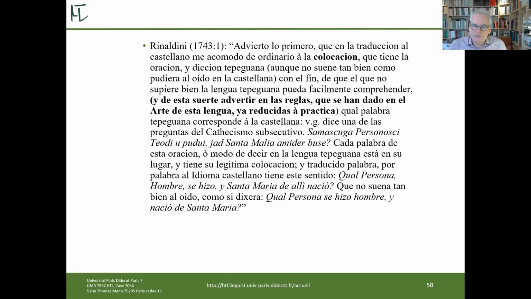So there are rules, and for Spanish we have different rules, so they are not universal, and every language has specific rules, sometimes called modos a hablar. And they are also creating reglas which are not universal, just for Spanish, but you must say here it is reducidas a práctica.